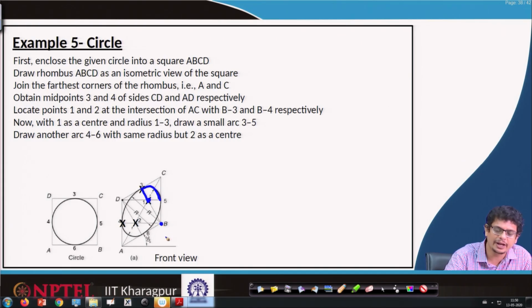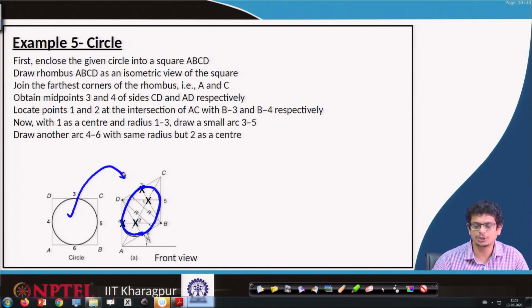The way we have located B to connect 3 and 4, in a similar way one can even construct from D all the way to that end to track 5 and 6 points. Similarly, using 2 as center, draw another arc passing through 6. Now, join 4 to 3 by a smooth curve, similarly 6 to 5 by a smooth curve. So, your circle converts into an ellipse in the isometric view.